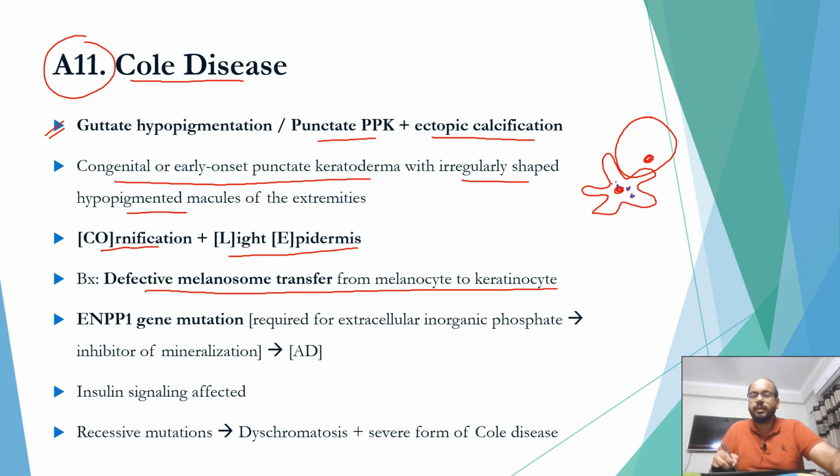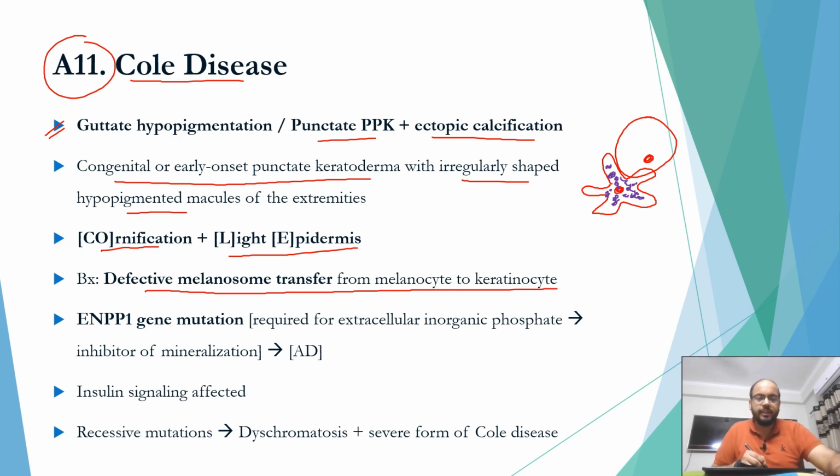Melanin is stored in melanocytes, and using the dendrites it is transferred to the keratinocytes, but this transfer is defective in Cole disease, and that is why you see clumping or accumulation of melanin granules inside melanocytes. Clear? And nearly no melanin in the keratinocytes. So you don't have color in the keratinocytes, but the melanocytes have a lot of melanin granules inside them.